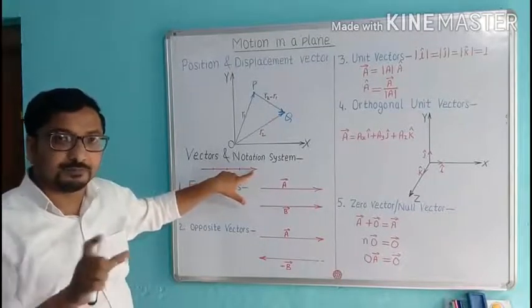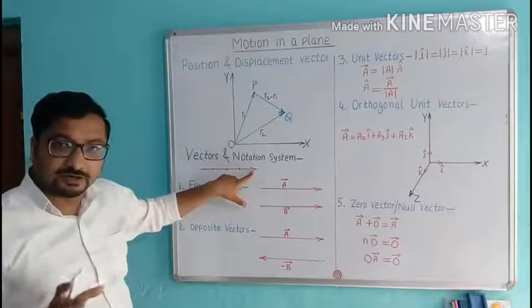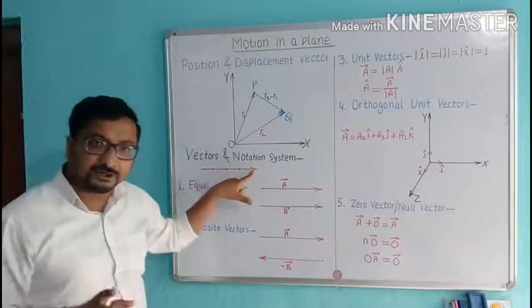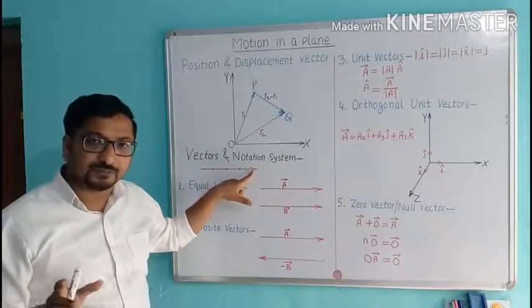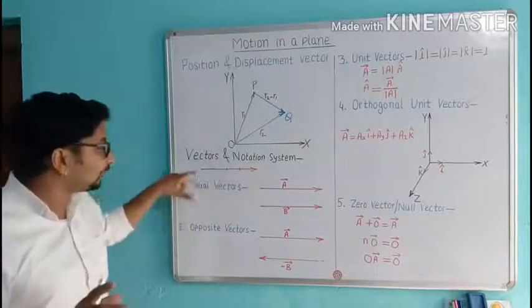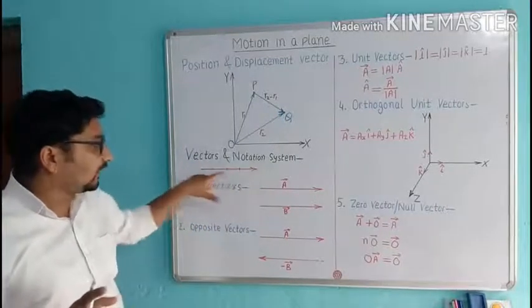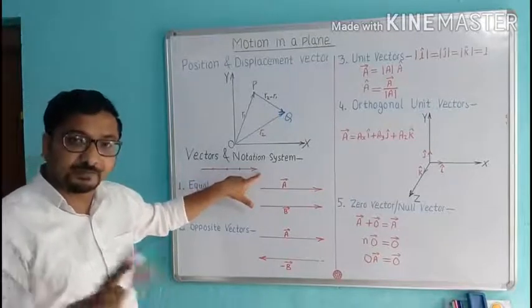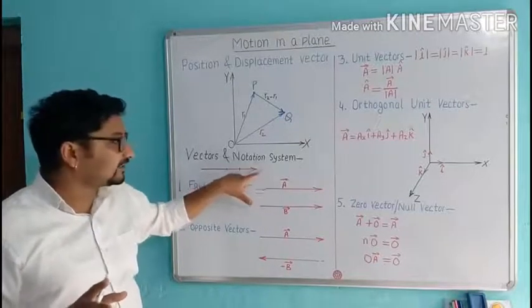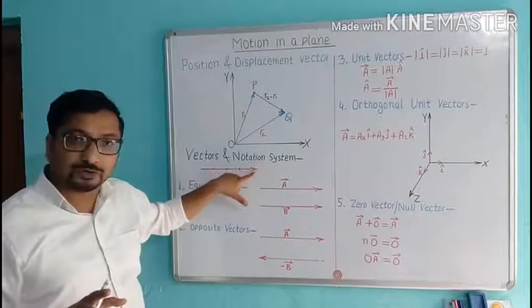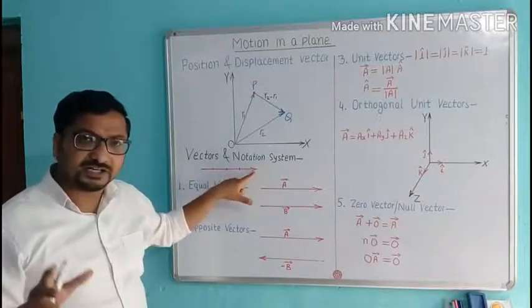We know that a vector has magnitude as well as direction. So any vector can be represented by an arrow in which its length represents magnitude of the vector and the head of the arrow represents the direction of the vector quantity.